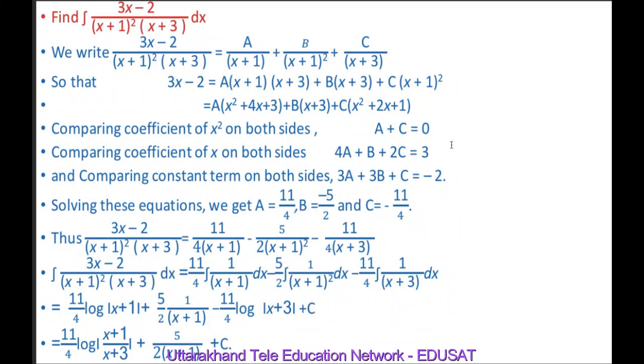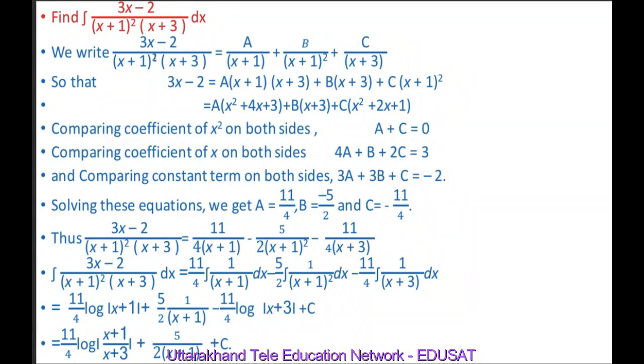From the two equations obtained by substituting a equal to minus c, we obtained the equation in b and c, and from there you can get the value of b and c. If you obtain the value of b and c, substitute it back here, you will get the value of a. So if you solve this equation, you get a equal to 11 upon 4, b equal to minus 5 upon 2, and c equal to minus 11 upon 4.